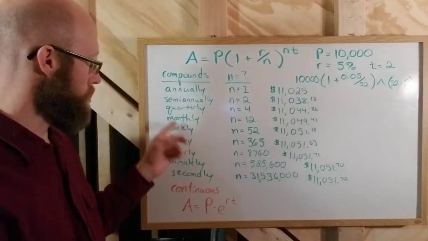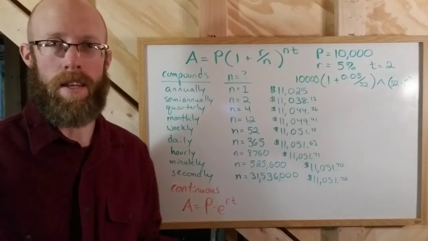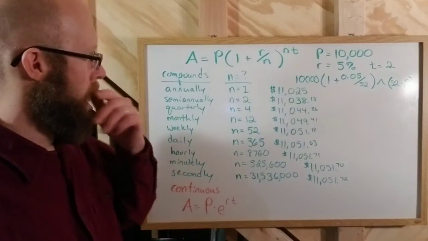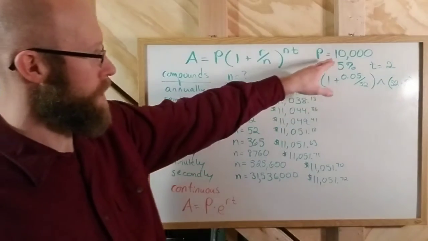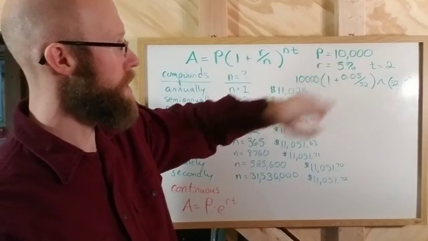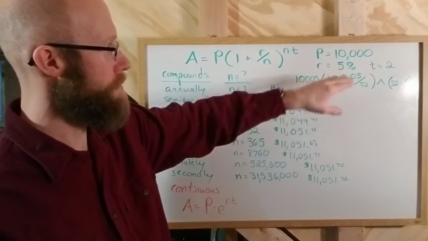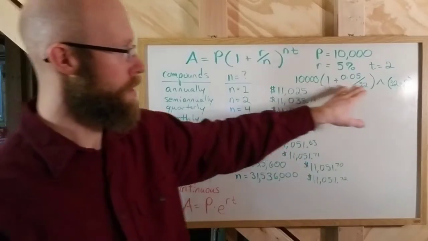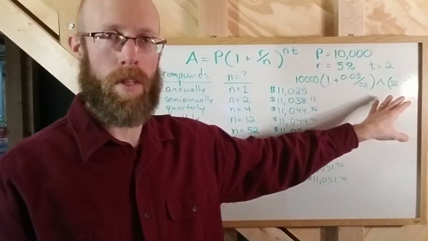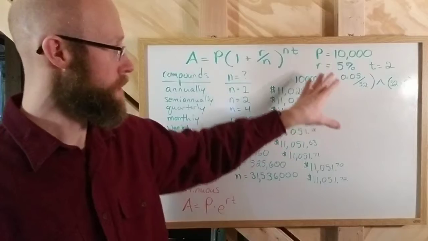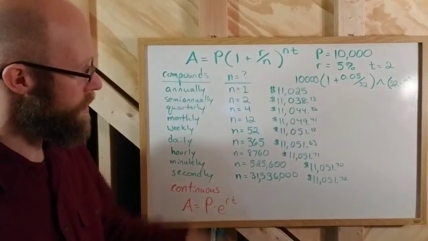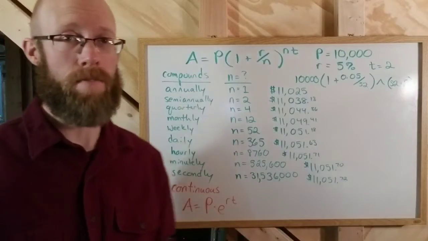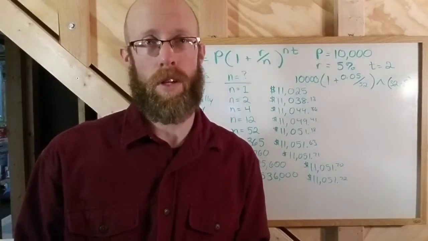Your annual and your monthly and your daily and all that stuff. And we had an example here with a $10,000 investment at 5% interest for 2 years, and plugged that in the formula in the calculator to get all these outputs. Each of these outputs is different depending upon the n value, which was the number of compounds per year.